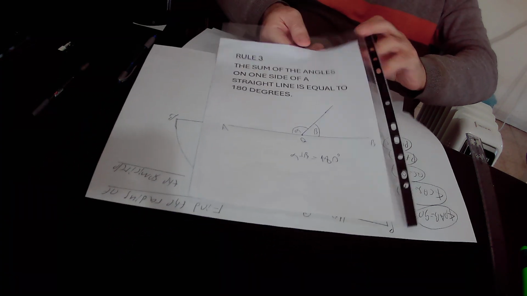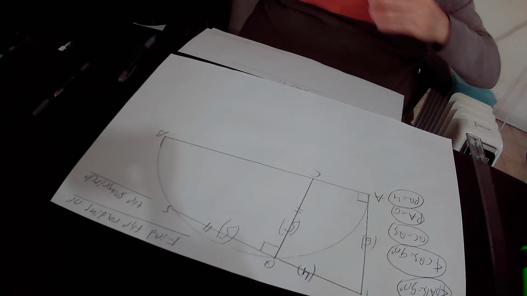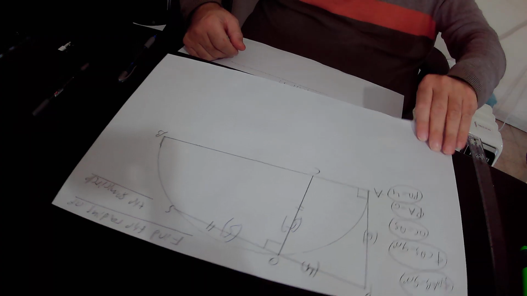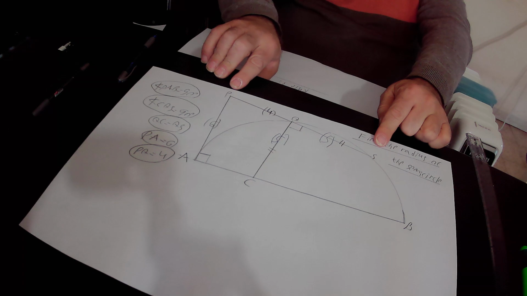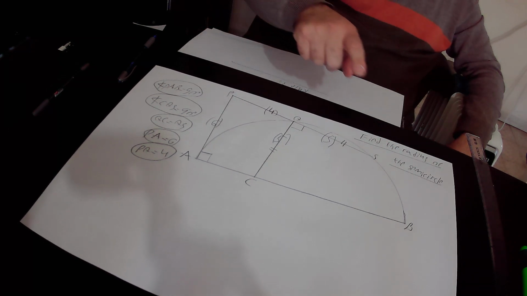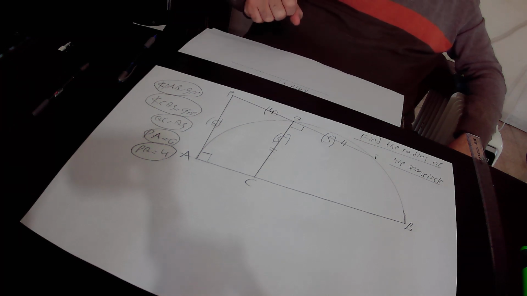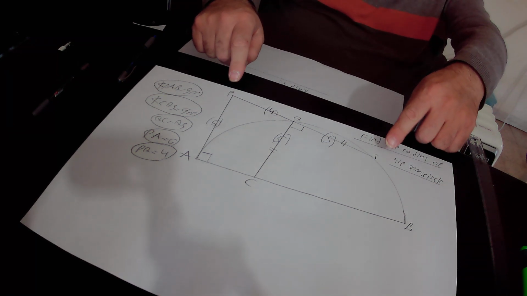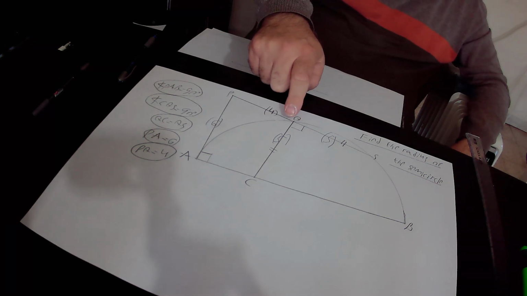We actually can implement rule number 3 in our drawing. Why? Because if we focus on the lower side of the straight line PS at point Q, the sum of the angles must be equal to 180 degrees according to rule number 3. Which angles do we have at the lower side of PS at point Q? We have this angle that is equal to 90 degrees plus the missing angle.